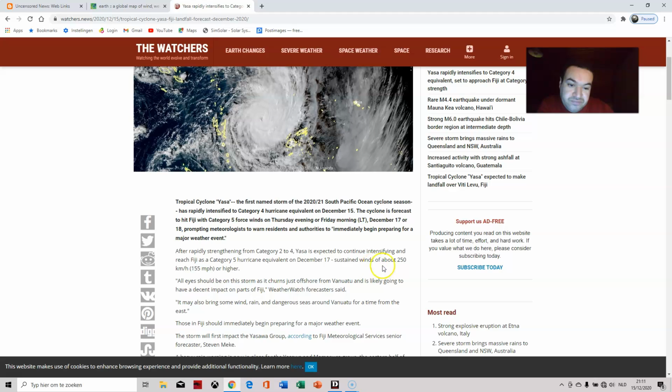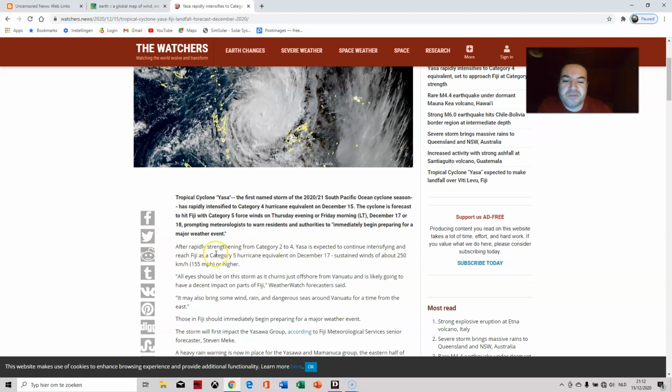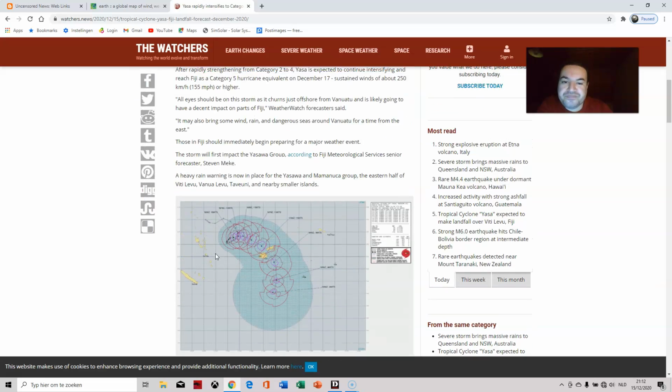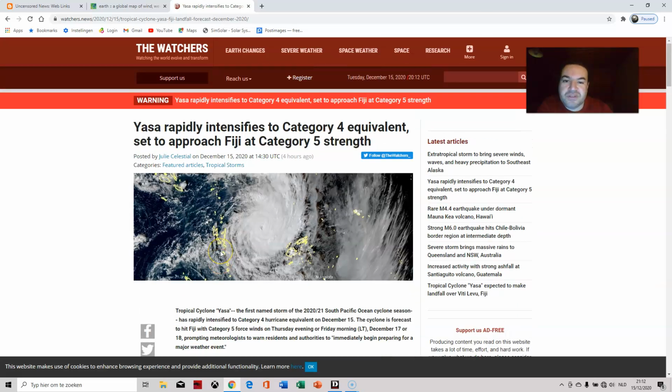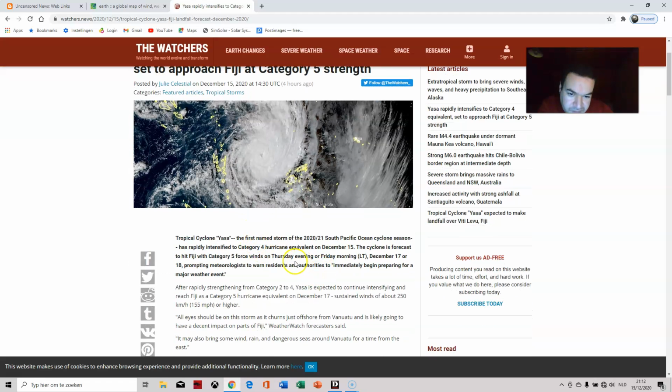Now, knowing that when here in Belgium there are 100 kilometer an hour winds, it already causes lots of damage, I can't even begin to imagine what this will cause. 250 kilometers an hour is extreme. So this is very dangerous for the people living there, for the people who will be under this cyclone on Thursday evening or Friday morning.